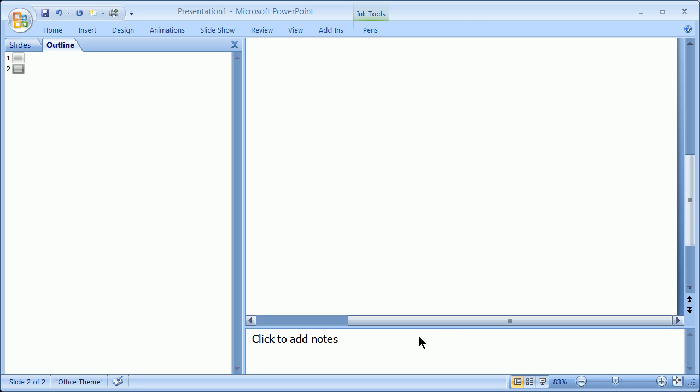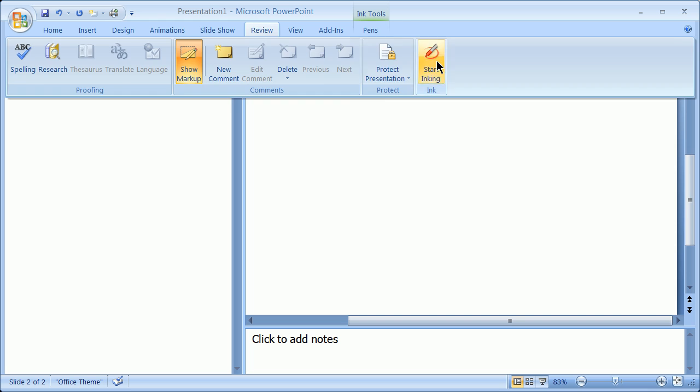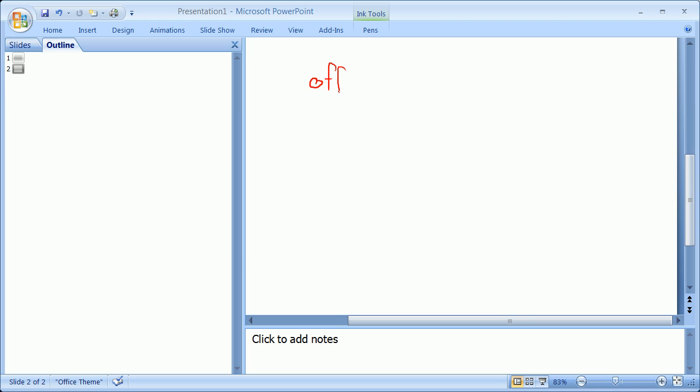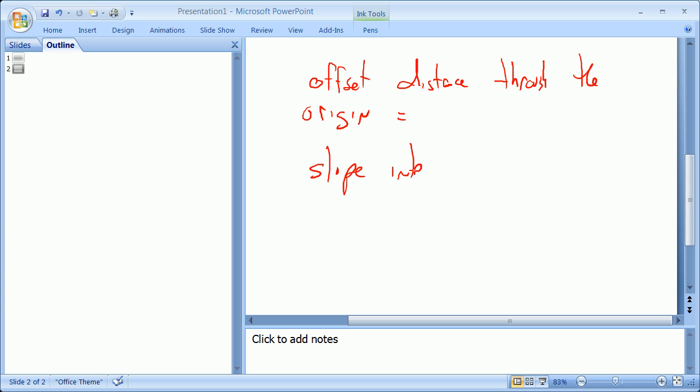You want to remember that the offset distance through the origin is equal to the slope-intercept times the cosine of the angle of the line, the direction of the line.